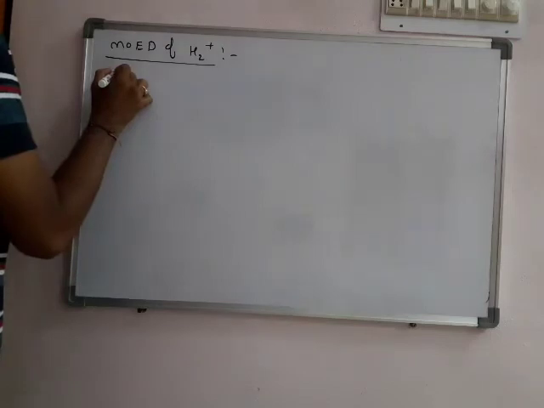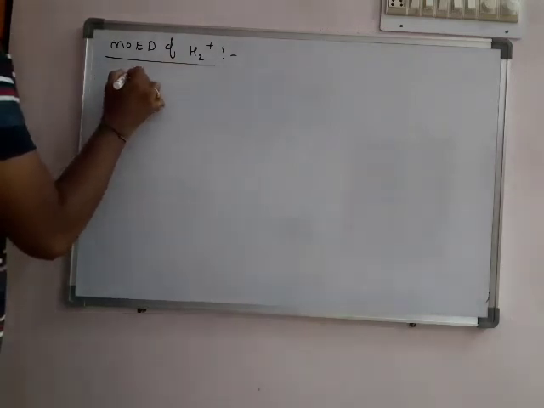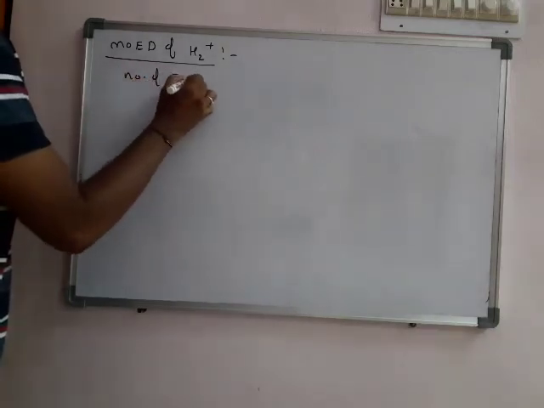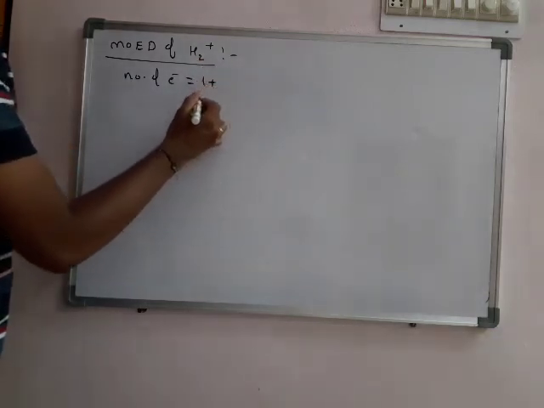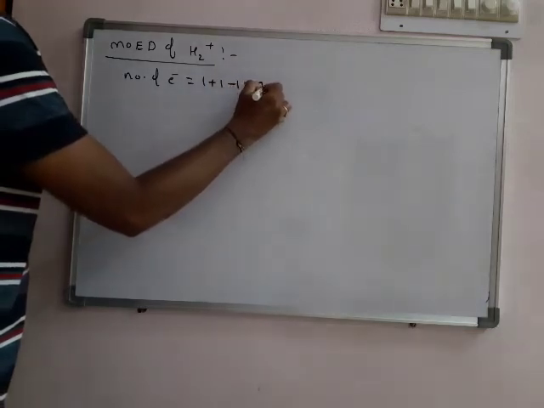So you know H2 plus means the total number of electrons is how many? There is only one electron. H2 plus means 2 hydrogens, 1 plus 1 is 2, minus 1. So there is only one electron.